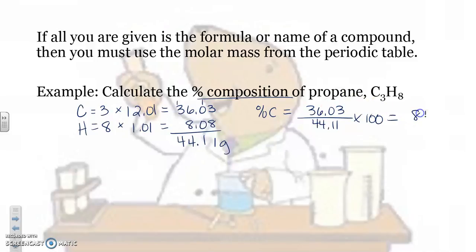That would give us 81.68% carbon. And then to find your percentage of hydrogen, you would subtract 100 minus 81.68, which gives us 18.32% hydrogen. Now you could solve it all the way through if you wanted to, but I'd rather just do it quicker.